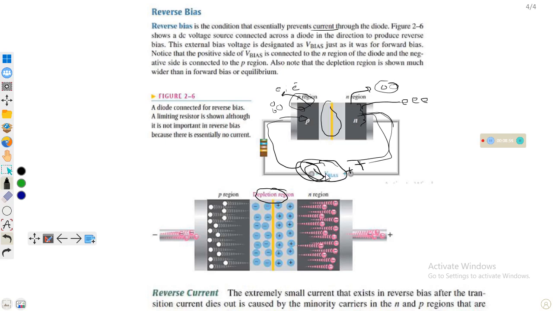When we increase the bias voltage, these minority electrons will try to overcome the barrier, but there is only a rare chance, because electrons are very few in number, so it is difficult for them to cross this very large thickness and large barrier potential to go from the P region to the N region.